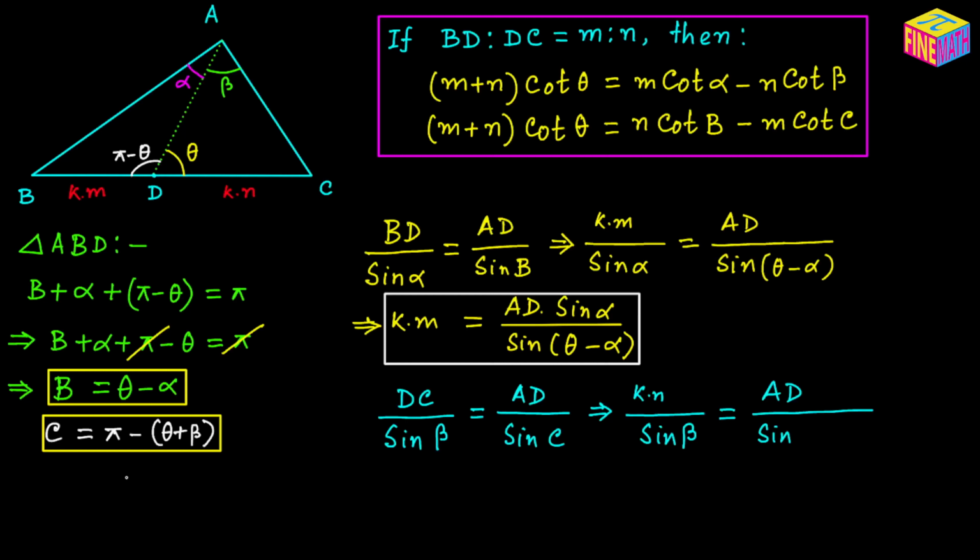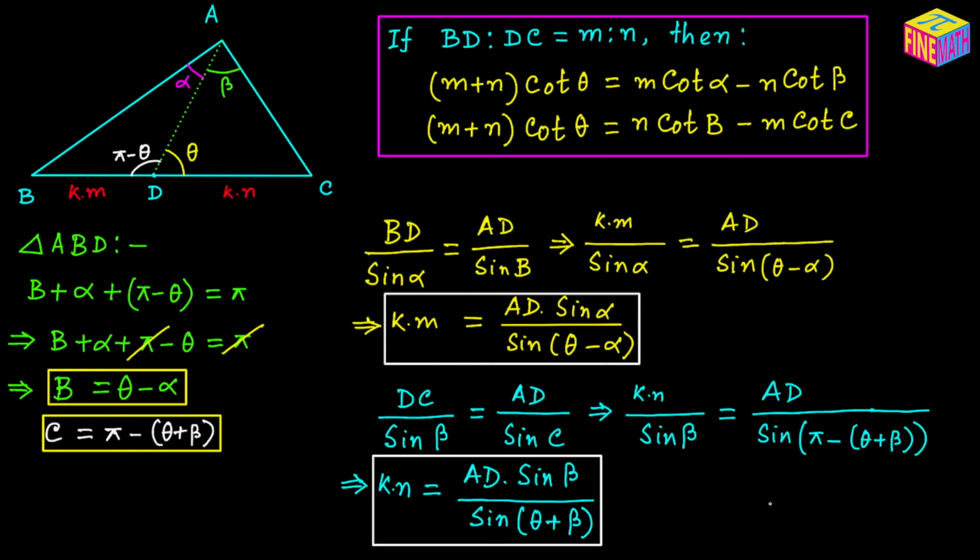We have already proved that on the left hand side. So here I am going to write pi minus the sum of theta and beta. And from here, what would be the value of K times N? Well, that will be equal to AD times sine beta over sine of pi minus theta plus beta, that can be written as sine of theta plus beta, because sine of pi minus any angle is equal to sine of that angle. So we can write it as sine of theta plus beta.